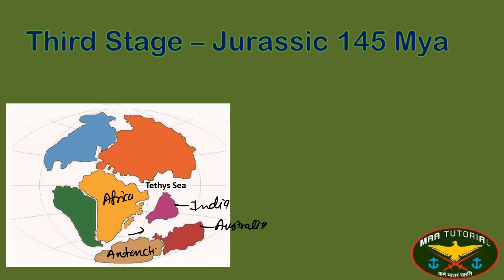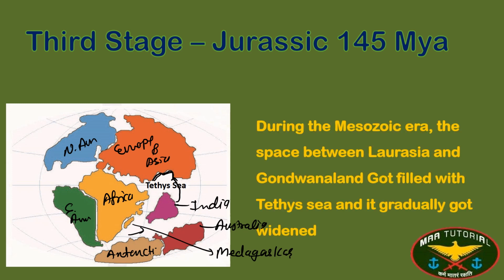This small one is Madagascar. South Africa, South America, North America, Europe and Asia. So India is flying towards the Tethys Sea and will merge with or touch the Laurasian plateau.